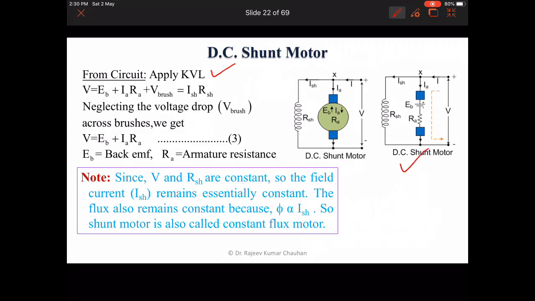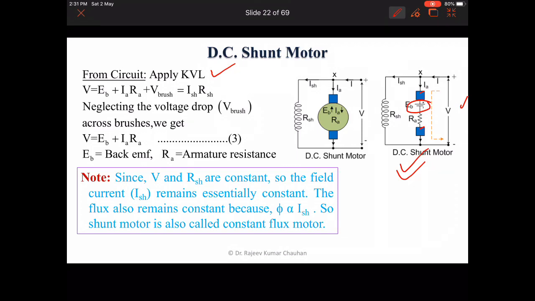So this is the electrical equivalent of the DC shunt motor. Here EB is the representation of back EMF and RA is the armature resistance. These are the brushes and this is the applied voltage V, and the field winding is connected across the terminals of the brushes, as shown in the figure.